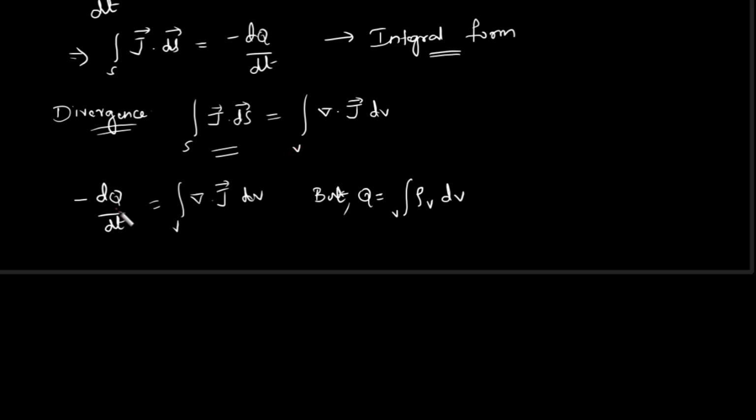Now I am interested in the entire volume because I am calculating the divergence of J for the entire volume, so I need to know what Q is for the entire volume. From the definition, Q for a volume charge distribution is the volume integral of rho v dv. Just by substituting that, I get the volume integral of del dot J dv as minus d by dt of Q, which is nothing but the volume integral of rho v dv.